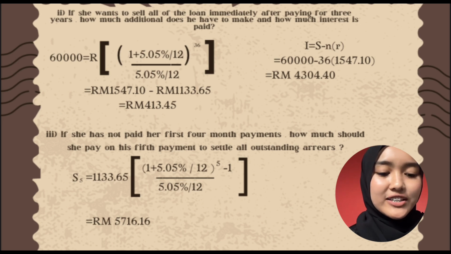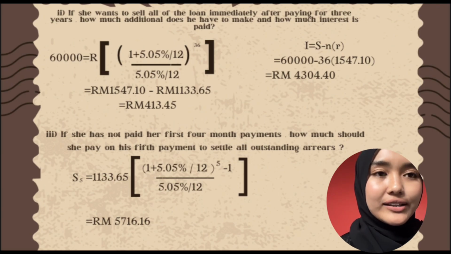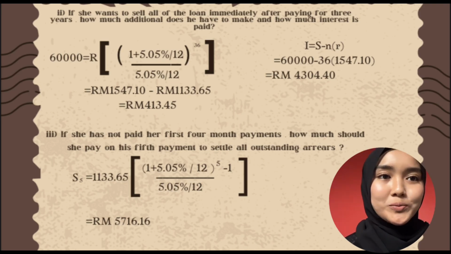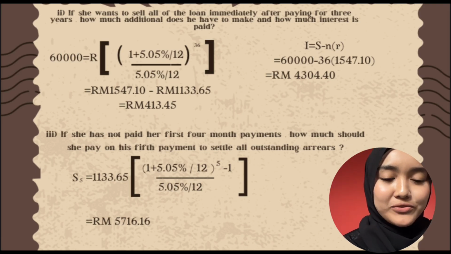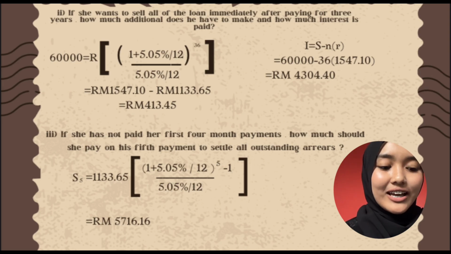Then use the interest formula to find the interest. Fill in all in the formula, equal to 4,304.14. For this question, use the future value formula. Calculate all in the calculator, and we got the answer, which is 5,716.16.